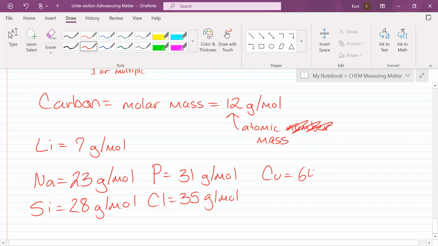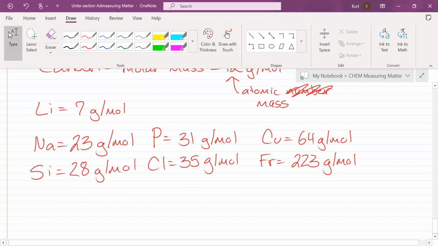64 grams per mole. Sounds good. Emma, how about francium, bottom left corner? 223 grams per mole. Let's go to John. Xenon, far right, actually. Xe. 131 grams per mole.